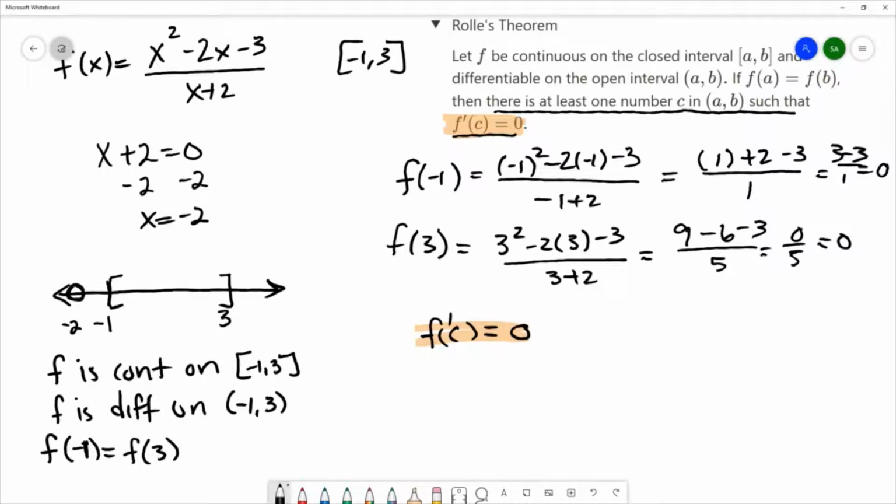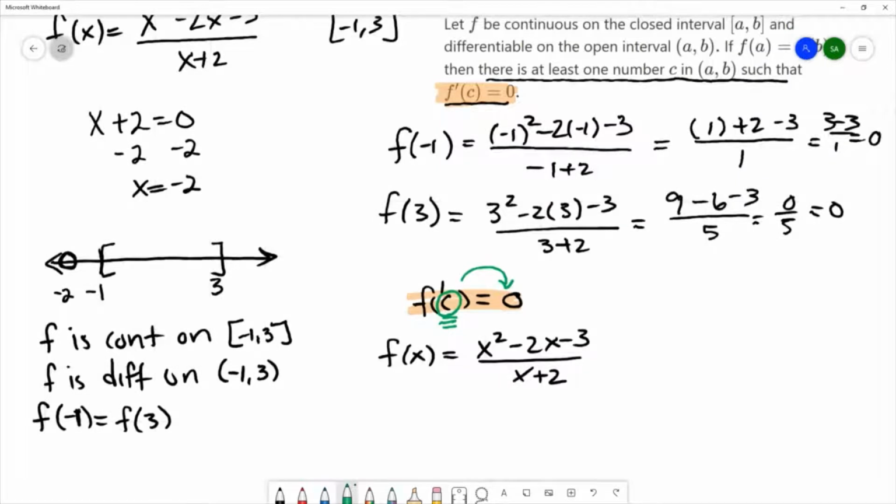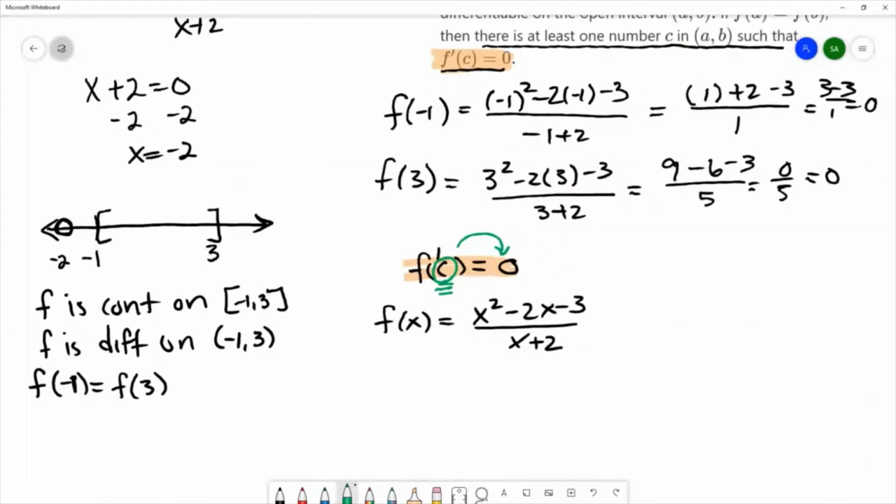So we're going to calculate the derivative of our function. Our function is f of x equals x squared minus 2x minus 3 over x plus 2. And we're going to calculate the derivative with the quotient rule. And then once we calculate the derivative, we'll set the derivative equal to 0, and we'll solve that equation to find that value of c, that value of c that's guaranteed by Rolle's theorem.